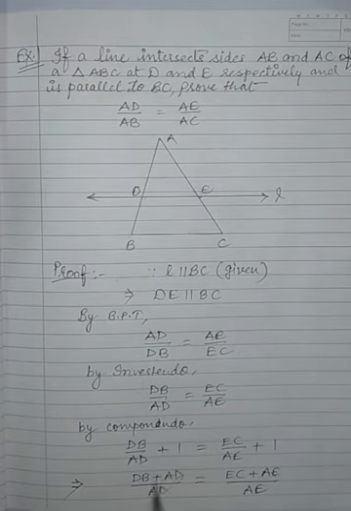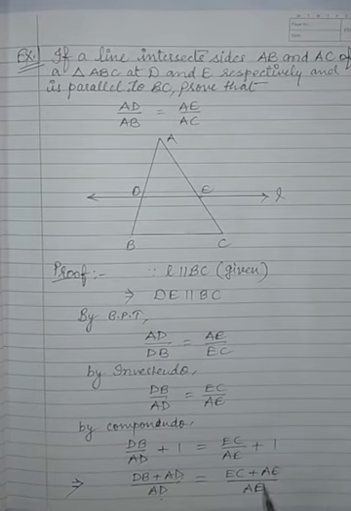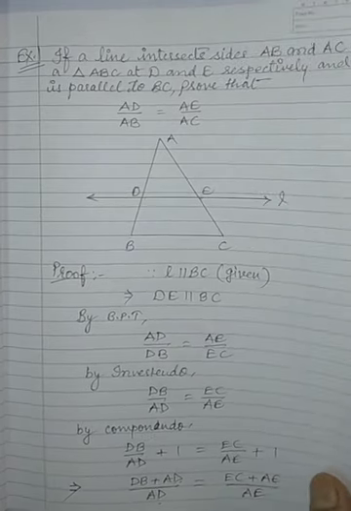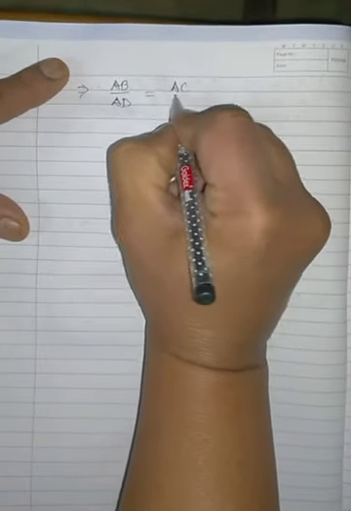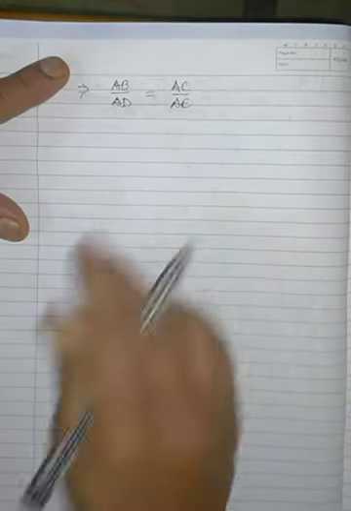So we can write here AB and here AC. So AB upon AD is equal to AC upon AE.